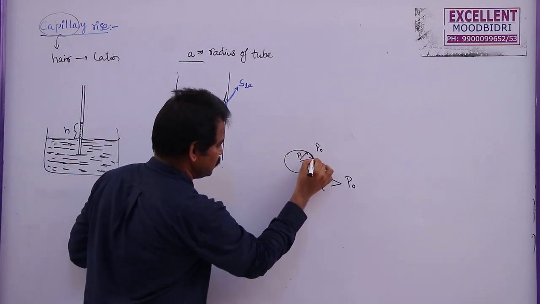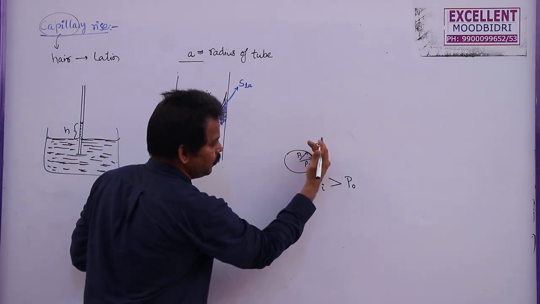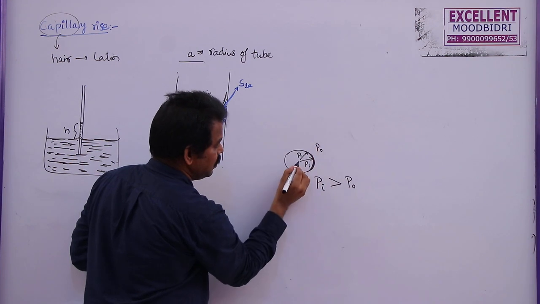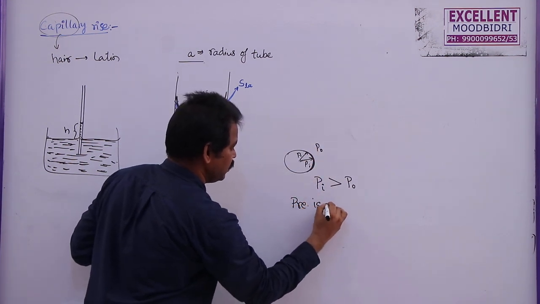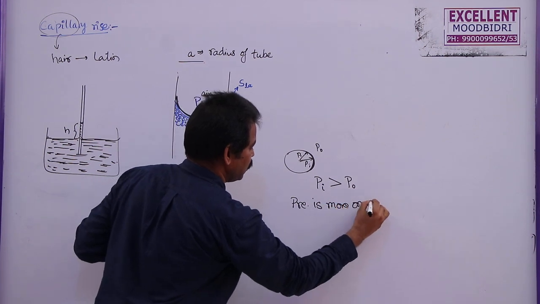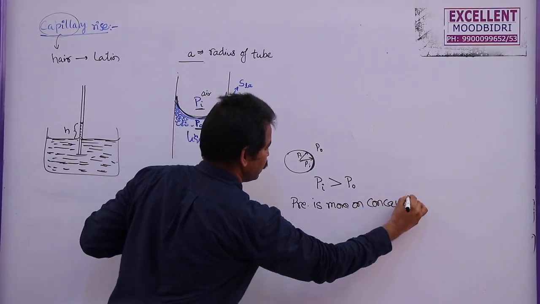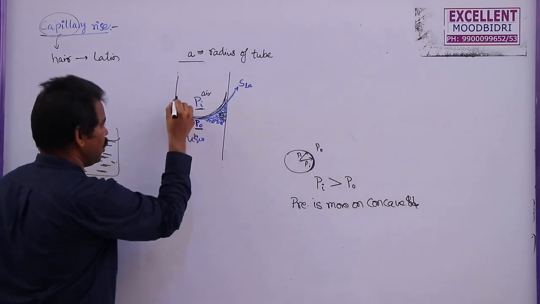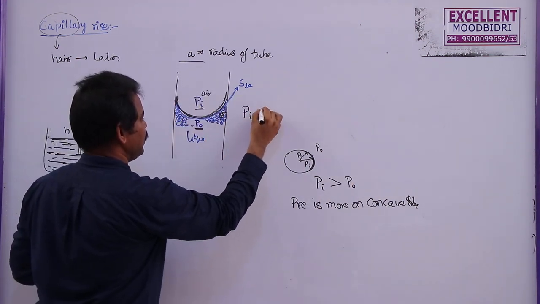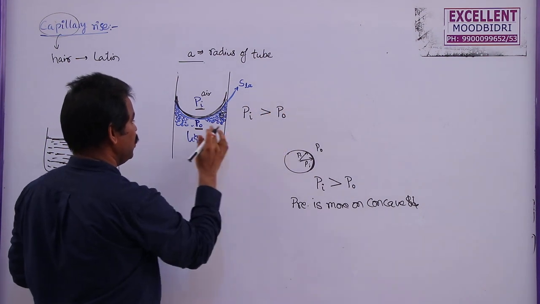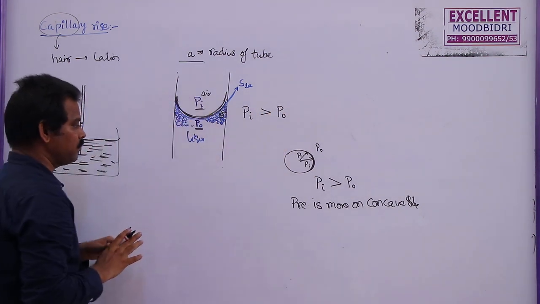This one is called concave. You might have studied about concave mirrors. Here pressure is more on the concave side. Here this is a concave structure, here pressure is more. So we can write pressure I greater than pressure O. I indicates inside the air.